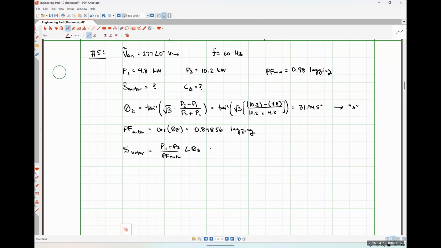So that's going to look like 10.2 plus 4.8, all divided by 0.84856 with an angle of 31.945 degrees.